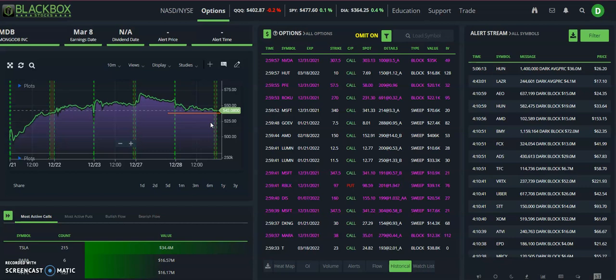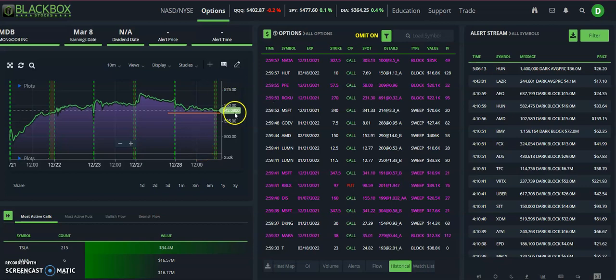So dark pool can be used for additional levels of support and resistance, essentially. And so what they have done is they've taken that and they've taken the time and sales and what it's traded at, and they overlay it on your chart as a volume profile for dark pool.